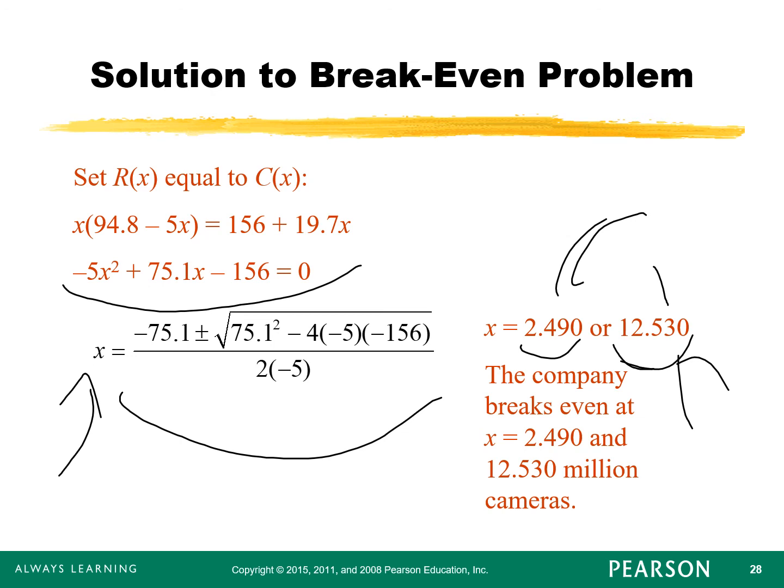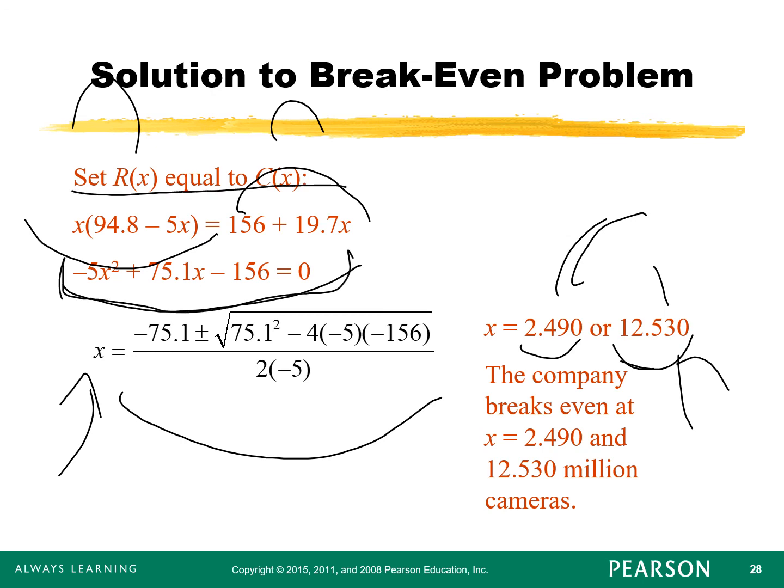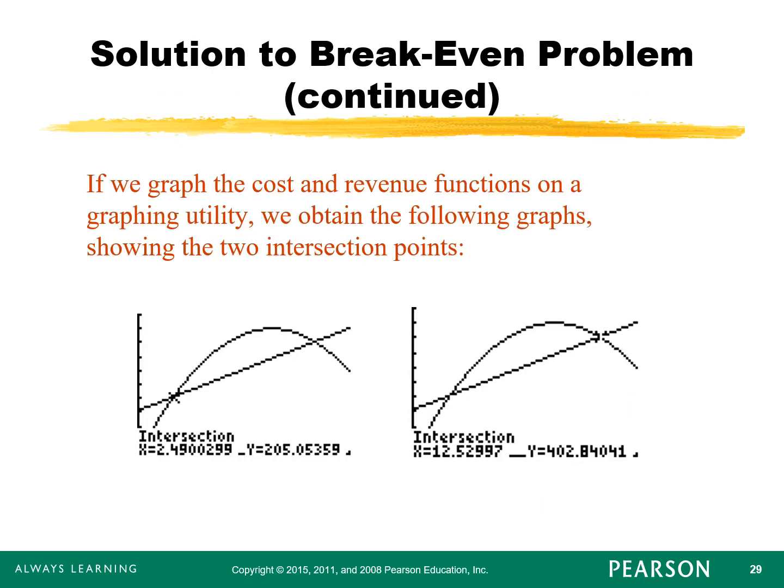So let's repeat again. To find the break-even root, what should we do? We have to take R(x) equal to C(x). This is the equation of R(x) and this is the equation of C(x). And then by multiplying these two functions, we will find this general quadratic form, and while calculating the root, we will find our break-even point.